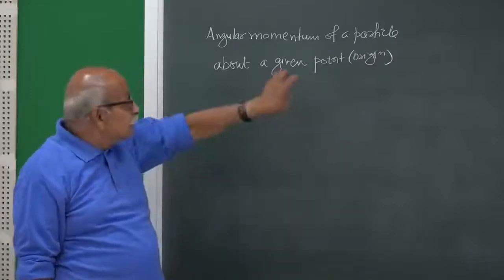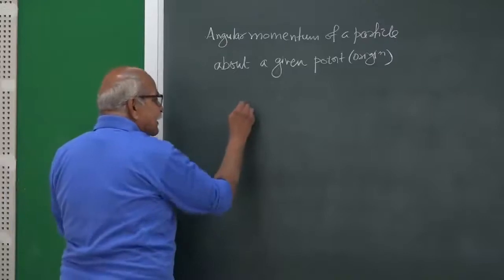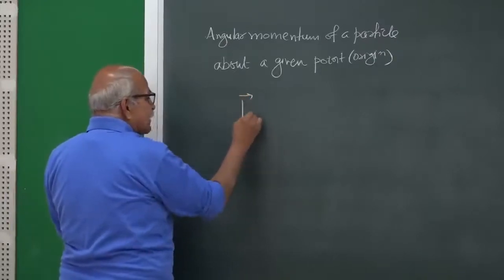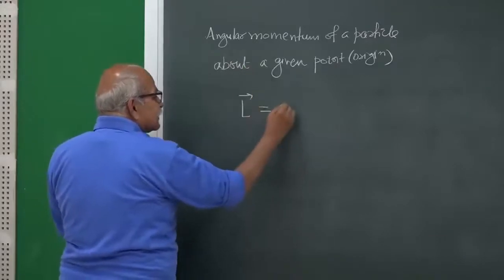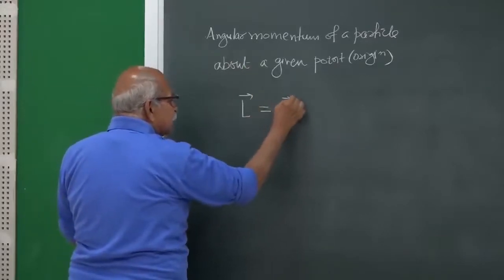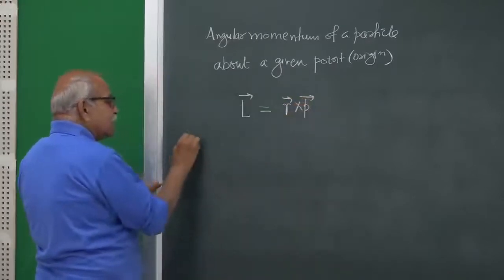So, the definition includes this point, and it is given by, we write it L with a vector sign. This is a vector quantity, and this is r vector cross p vector. What is r vector?